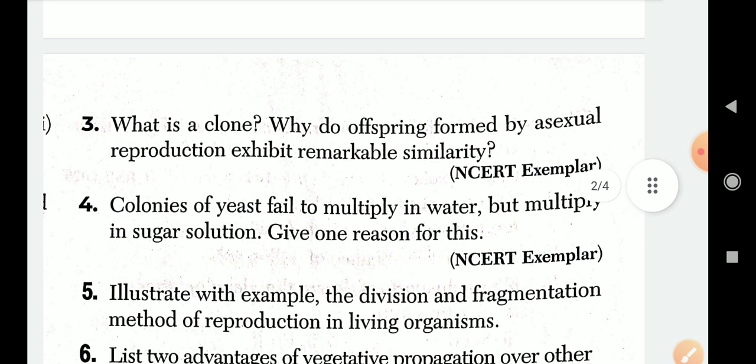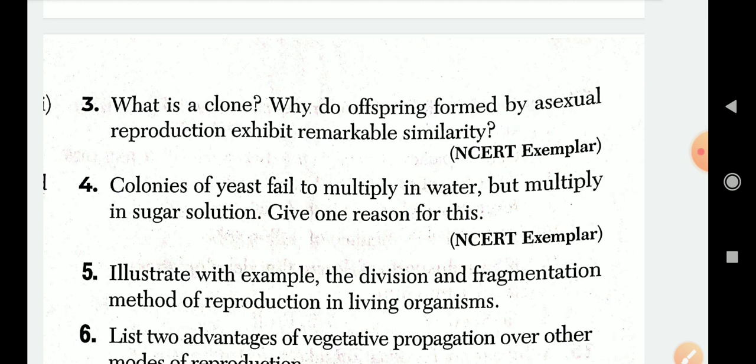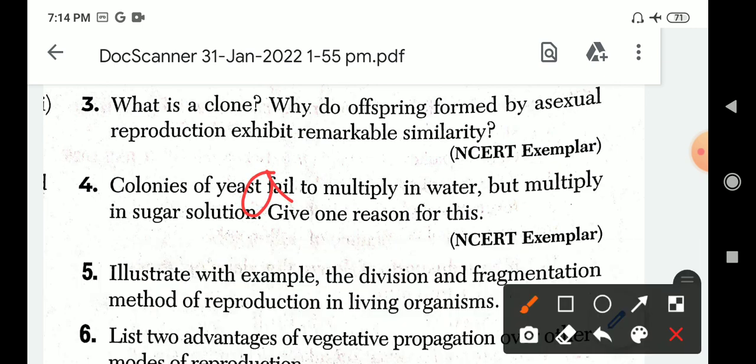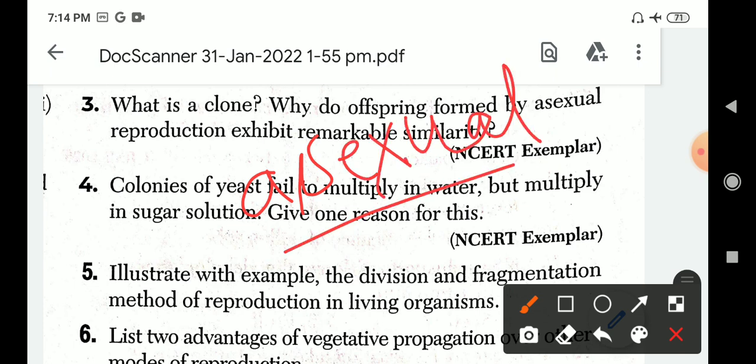Now next is, what is a clone? Why do offspring formed by asexual reproduction exhibit remarkable similarities? Clones are the offspring produced by one parent through asexual reproduction. In nature, clones are produced mainly due to asexual reproduction.